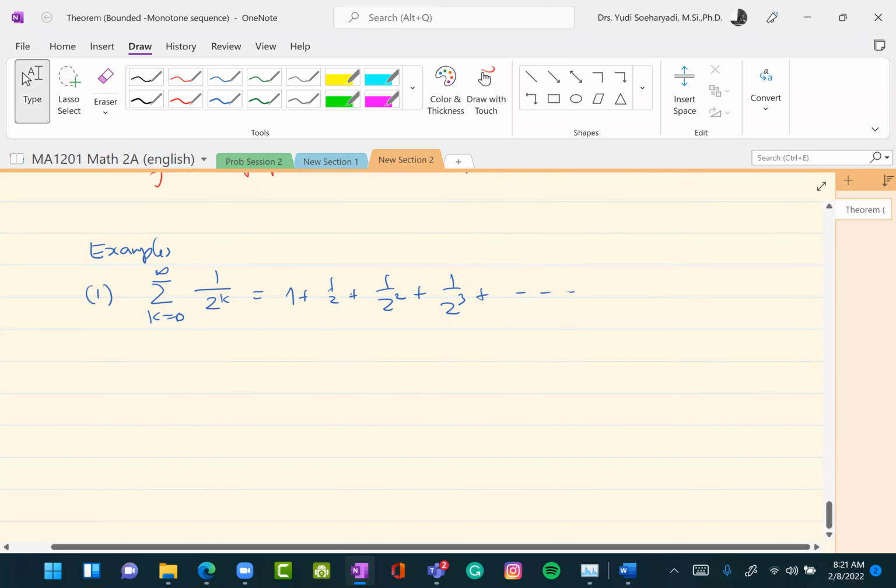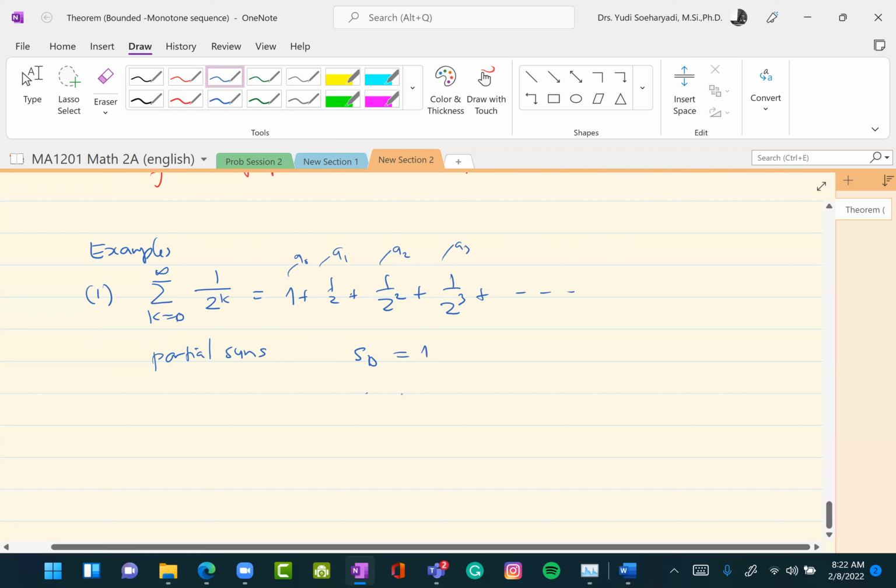All right, so let's see the partial sums. These are A0, A1, A2, A3. Oh yes, we start from 0.